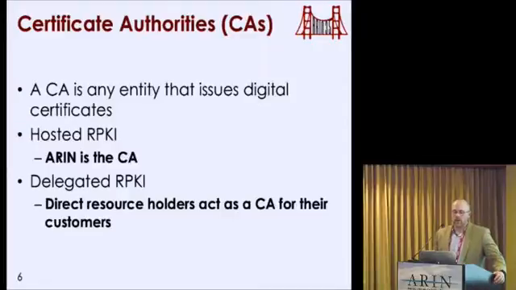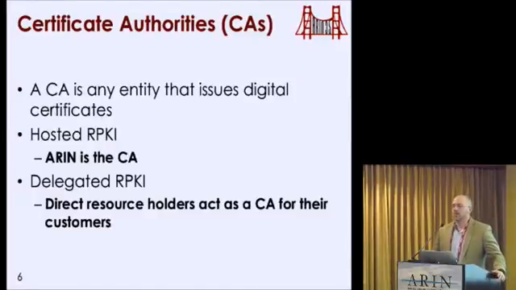And then delegated CAs are the certificate authorities where the end user or the ISP completely runs their infrastructure for RPKI. When you're doing hosted CAs, it's a whole lot easier because the RIRs take on all the hassle of running the certificate authority, doing things like having all the software that continuously updates the rsync repositories, dealing with things like hardware security modules and all the security infrastructure that goes around that.